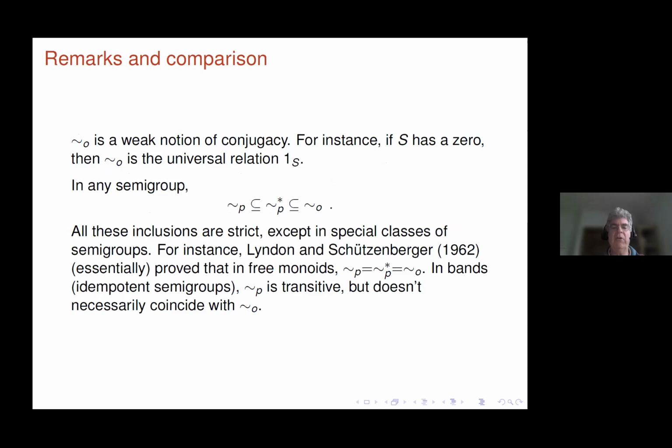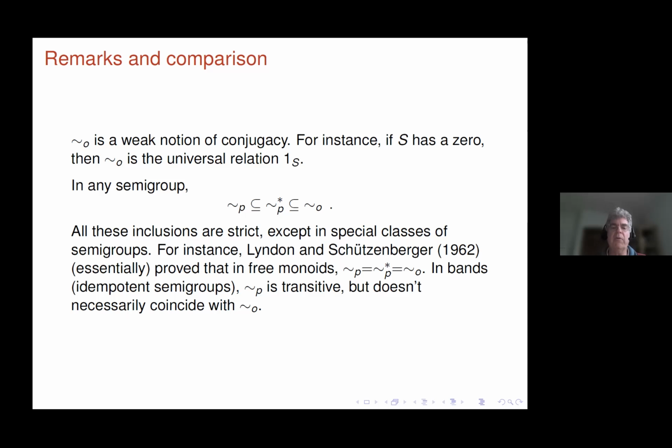Okay, so how are these things related? And what are some things that one can say? Well, first of all, our tilde sub O conjugacy is a rather weak one. So for instance, if your semigroup actually has a 0, then autoconjugacy is in fact the universal relation, which means it's completely useless.